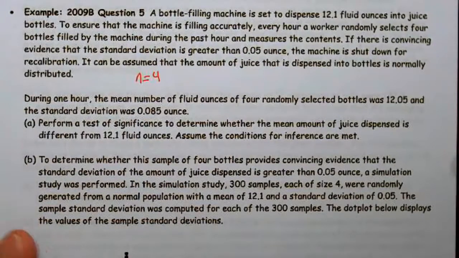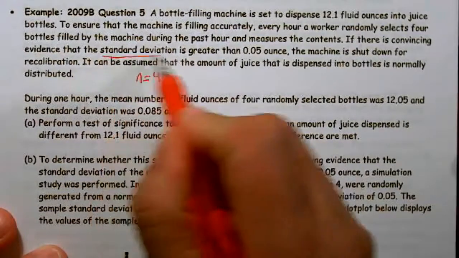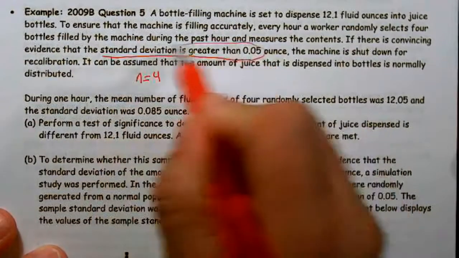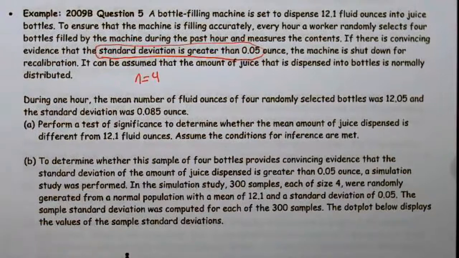If there's convincing evidence that the standard deviation is greater than 0.05, the machine is shut down. Well, that's different. I don't think he ever told us how to test standard deviations. And the fact of the matter is, I didn't. That's called ANOVA, analysis of variance. It's not part of this course. However, they're referring to it here.